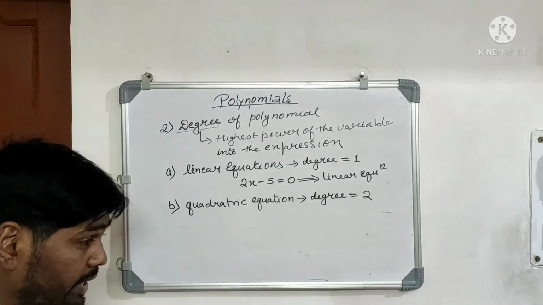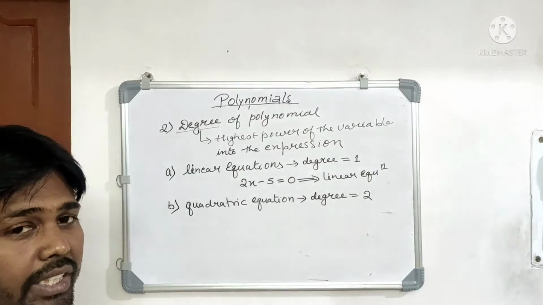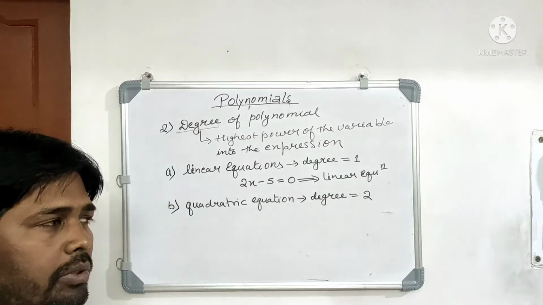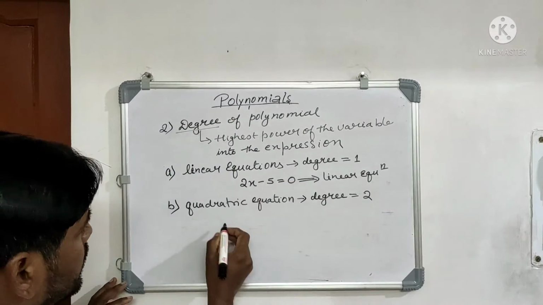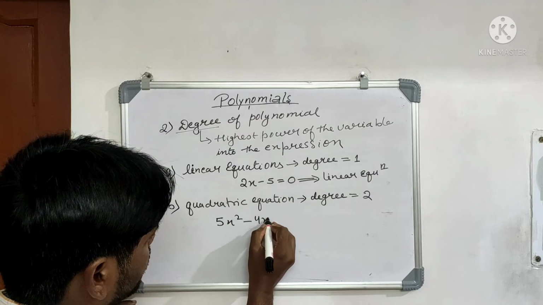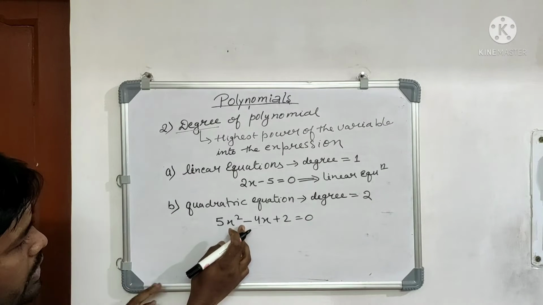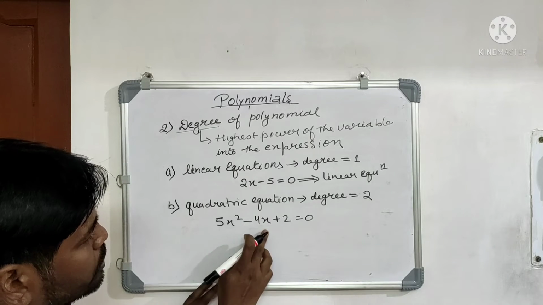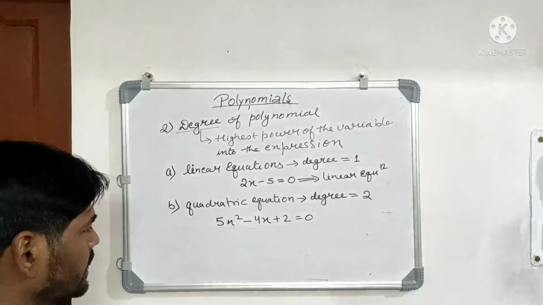That means the variable associated with this type of equation will have the highest degree exactly equal to 2. That is why such equations are known as quadratic equations. Let us see an example: 5x square minus 4x plus 2 is equal to 0. As you can see, the highest degree of the variable x is 2, therefore this equation can be termed as a quadratic equation.